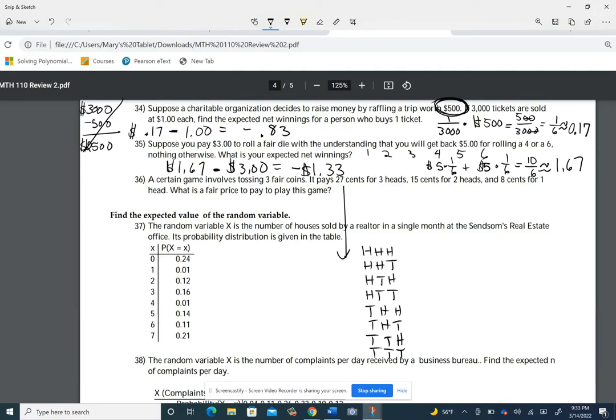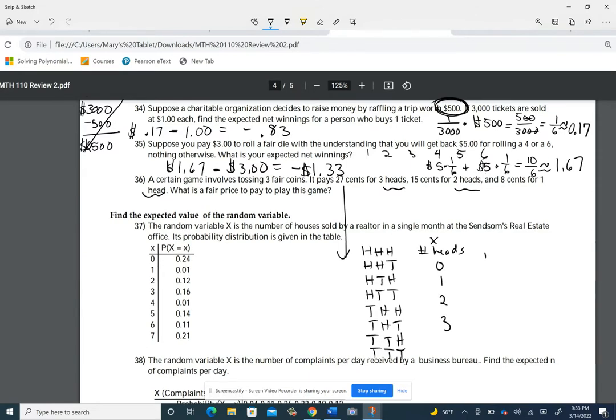Okay, so I have those 8 possibilities. So I'm working with getting heads. Let my variable be the number of heads. There might be 0 heads, 1 head, 2 heads, or 3 heads.